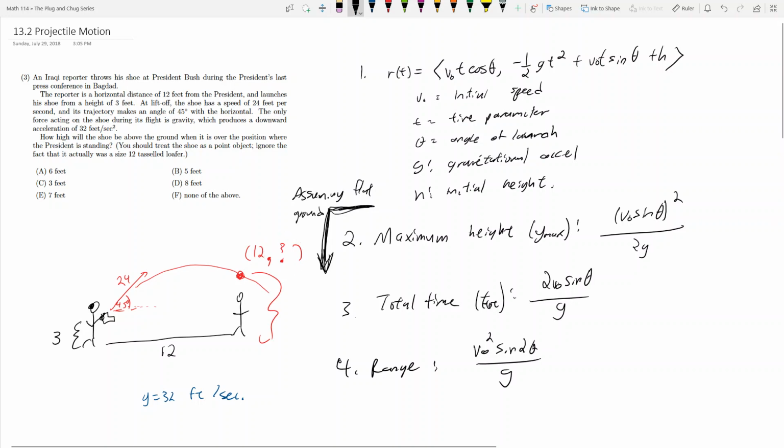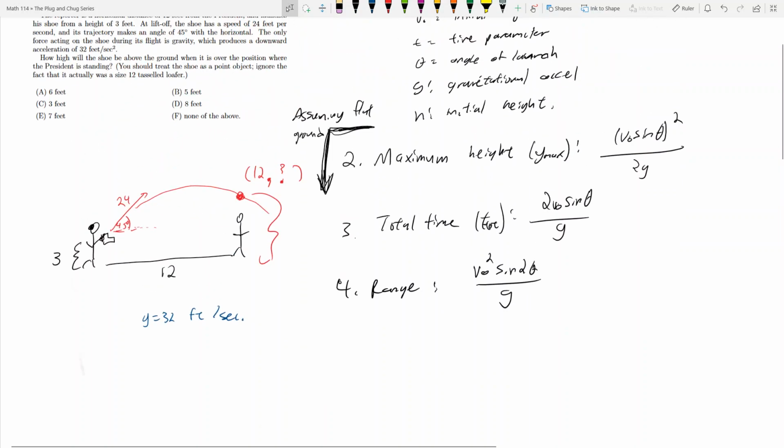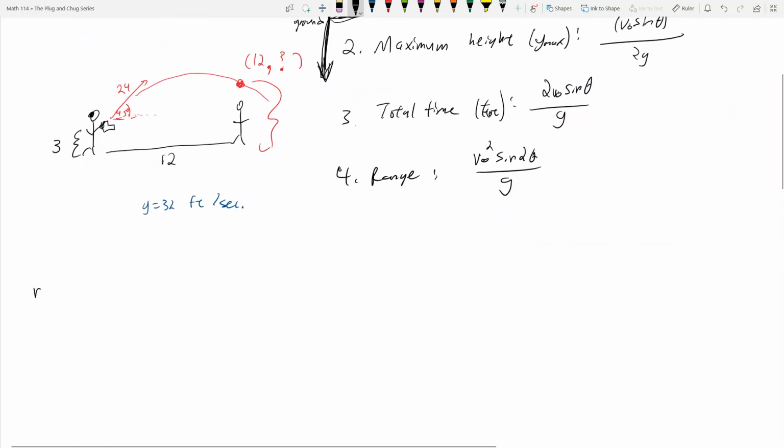And so that means we're going to have to use the first equation, the projectile motion equation. Let's see what it is. In this problem, r of t is equal to v naught t cosine theta, which is 24 cosine theta, and cosine of 45 degrees is root 2 over 2, times t.